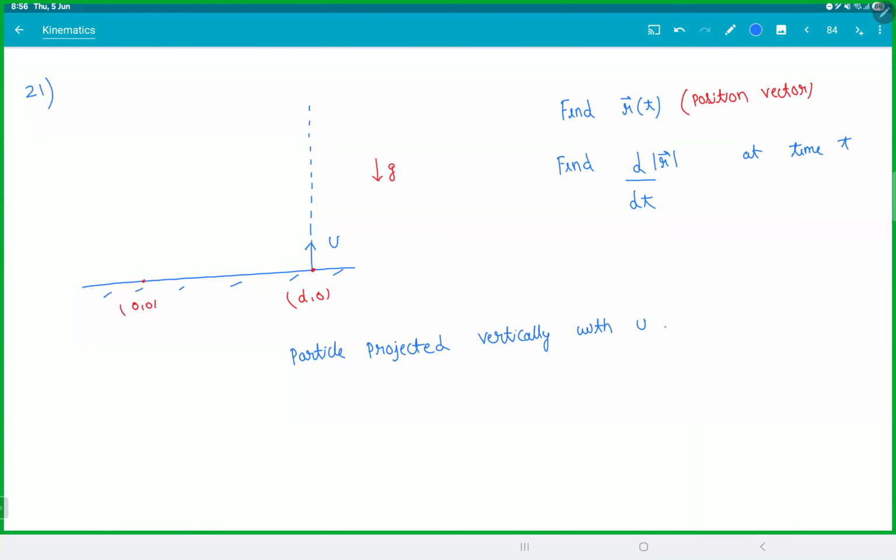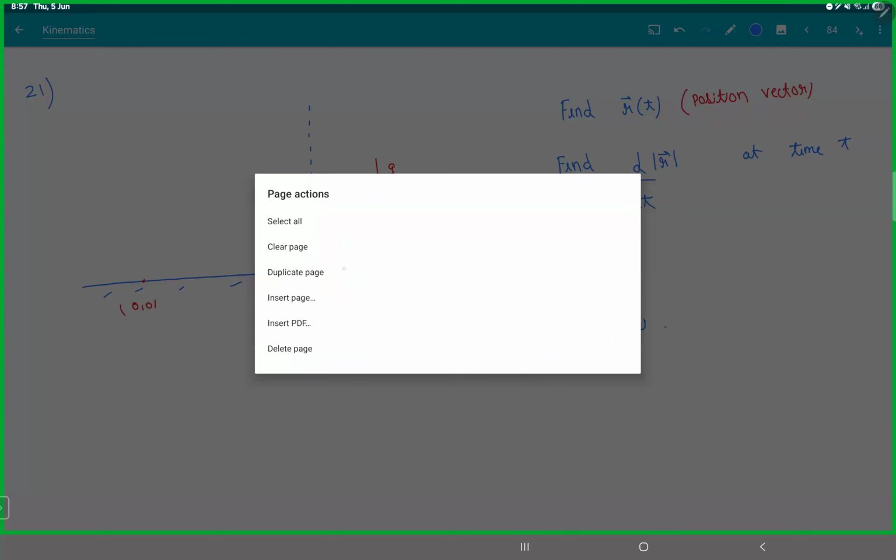Dwayne got the position vector. Yeah, please try. Great, Aditya.